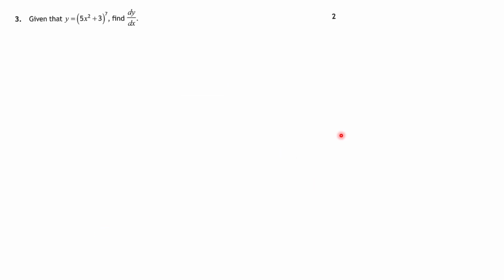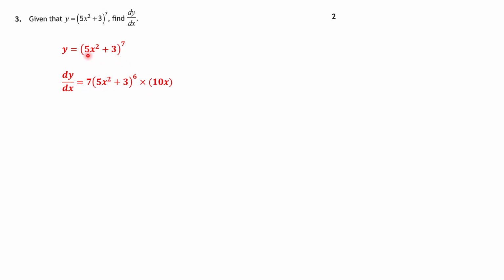Question 3. We're given y equals a bracket to the power 7. We want to find dy by dx. So we differentiate, so there's y. We differentiate by bringing the 7 to the front. The bracket power becomes 1 less, so we have 7 take away 1 gives you 6, and then we multiply by the derivative of the bracket.